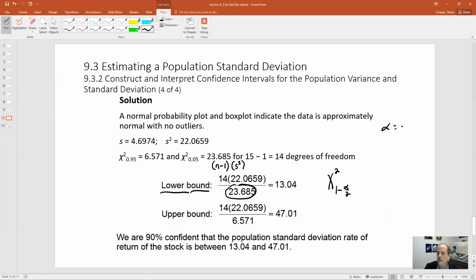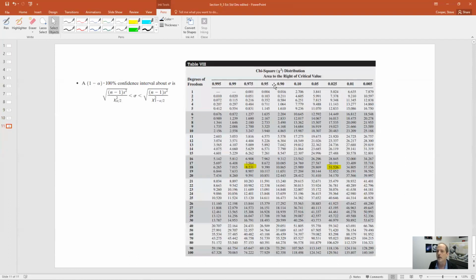Now remember, alpha was 0.10, so this would be equal to chi-square of 1 minus 0.10 divided by 2, which is 0.95. So we're interested in chi-square of 0.95 with 14 degrees of freedom, 15 minus 1. Okay, let's go look it up. They're showing us what it should be, but let's go look it up. 0.95, 14 degrees of freedom, 6.571.